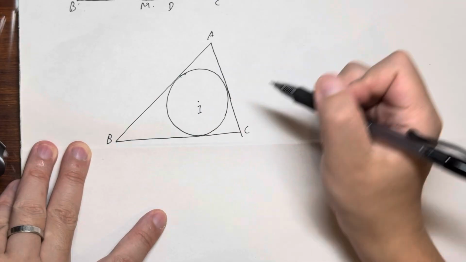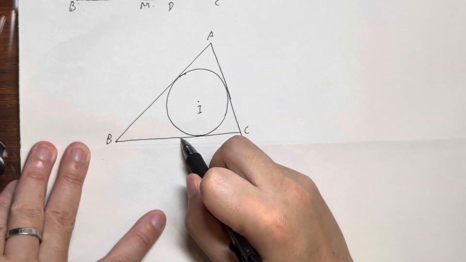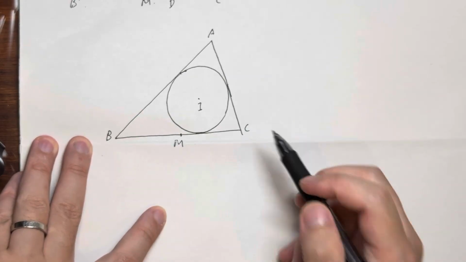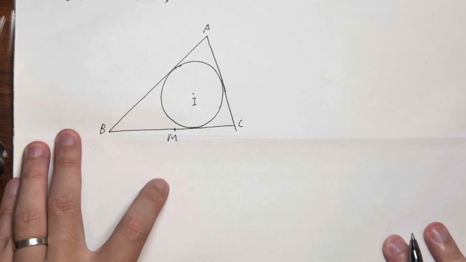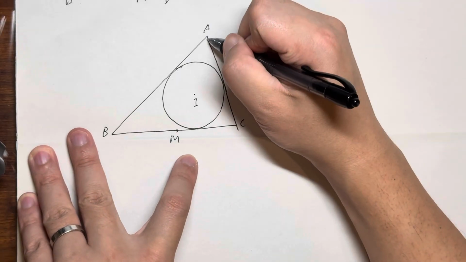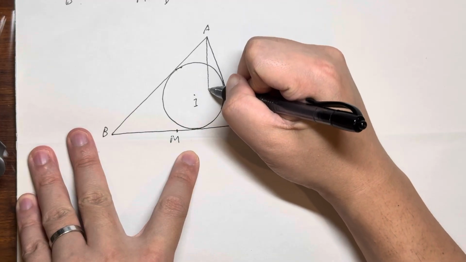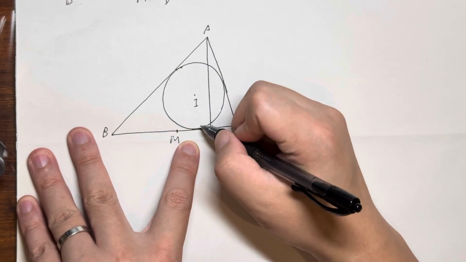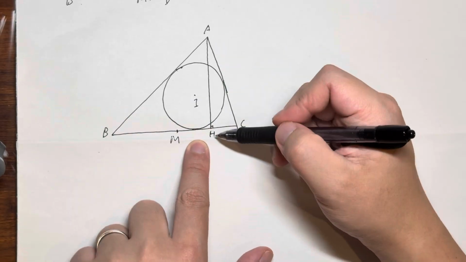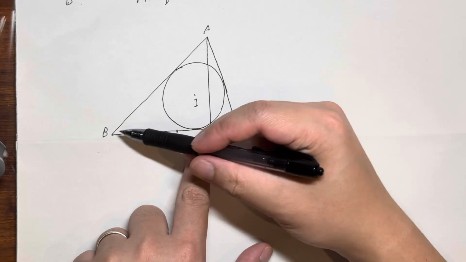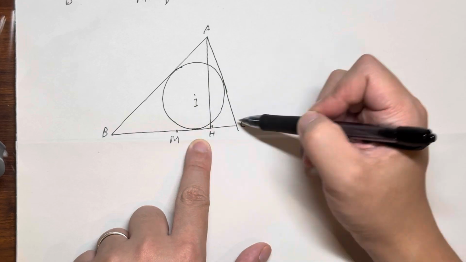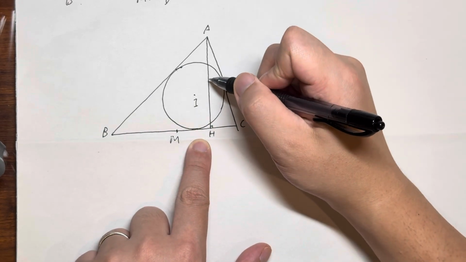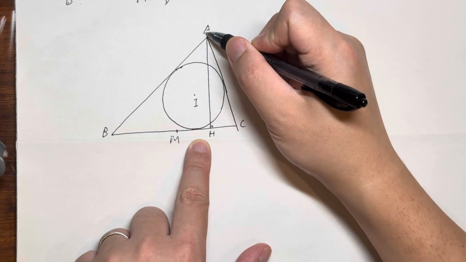This is point I. Notice that we already know M is the midpoint of BC. And what else we know is that AH is the altitude of the triangle on side BC, and Q is a point on AH.